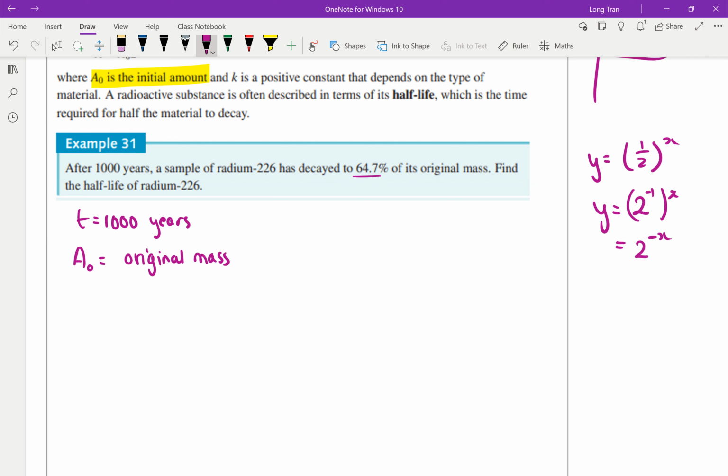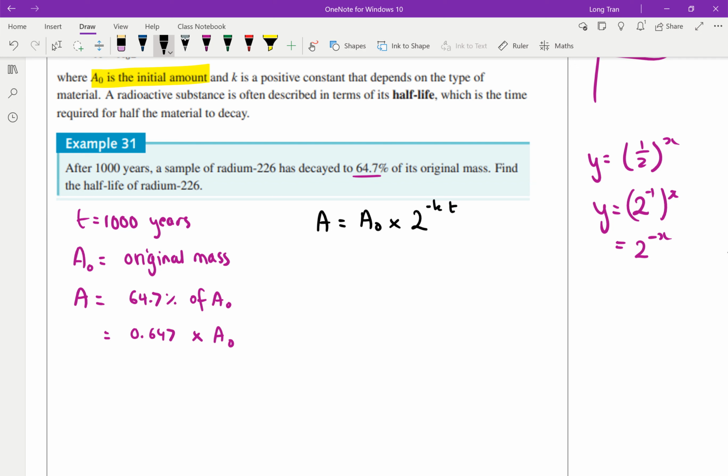It's 64.7% of its original mass. So that means A, after 1,000 years, is now 64.7% of A0. So if you wrote that mathematically, that is 0.647, because that's dividing by 100. Of means times, and that's A0. So using the model that they've given us, A is equal to A0 times 2 to the power of negative KT.